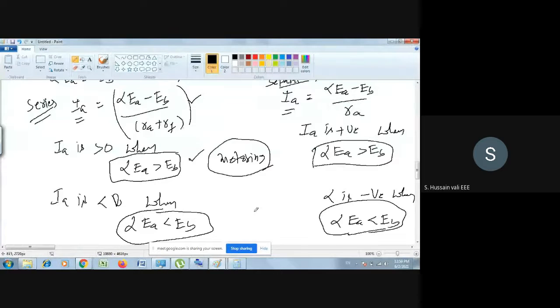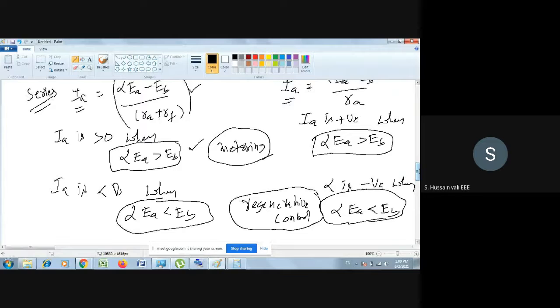Which one is this? Regenerative control. Please recall yourself. Why is it regenerative control? Because alpha gets reversed. That is the second quadrant; it enters into the second quadrant.